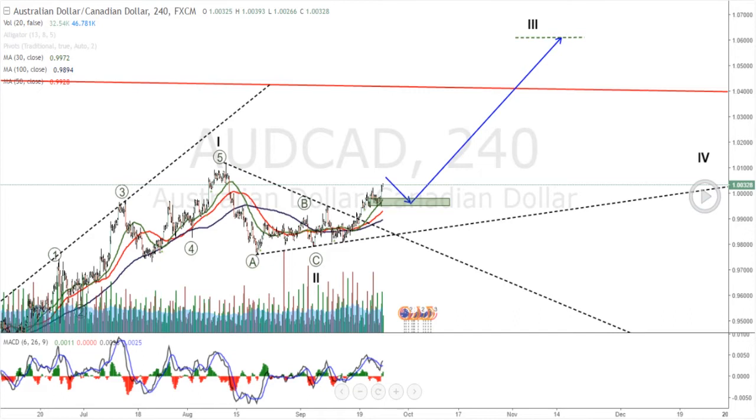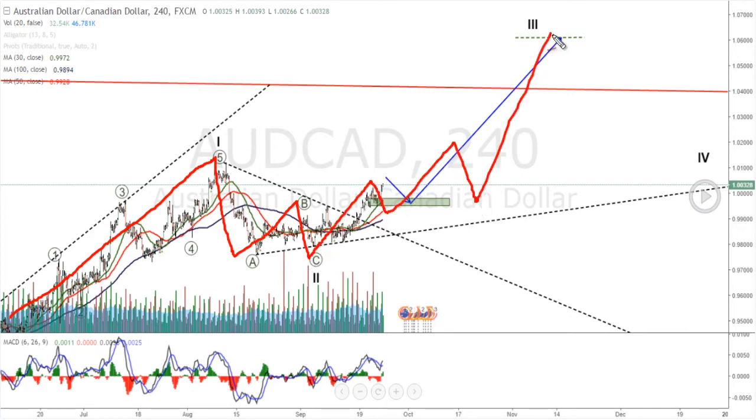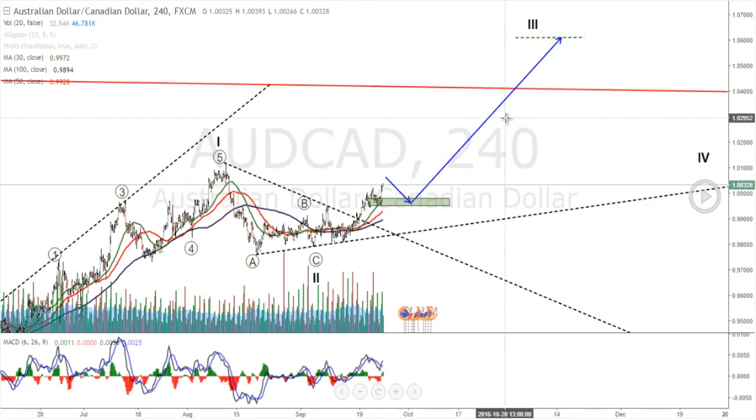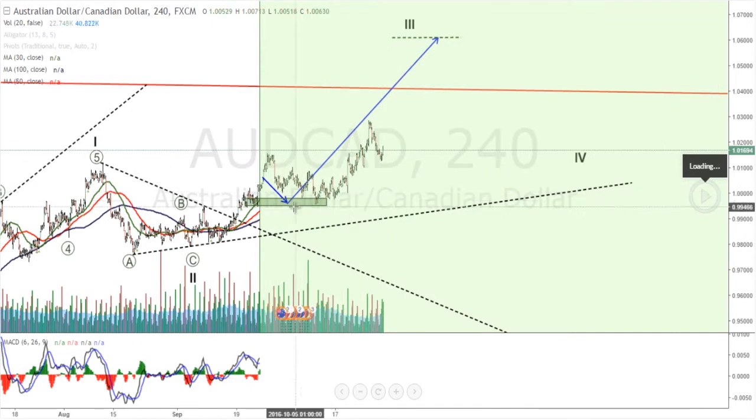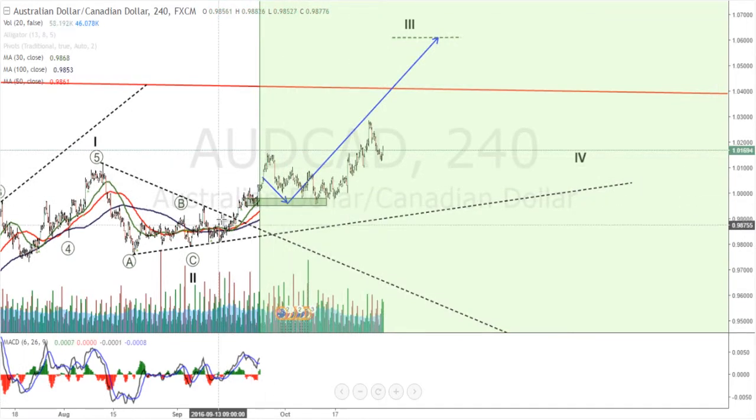So here I had a wave 1, then I had what I thought would be a wave 2, an ABC, and then what I'm thinking it's going up like this. And what happened so far, this really in fact did do the wave 3, then retraced, and it's starting to go up.